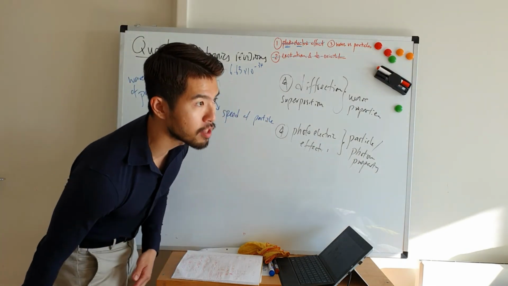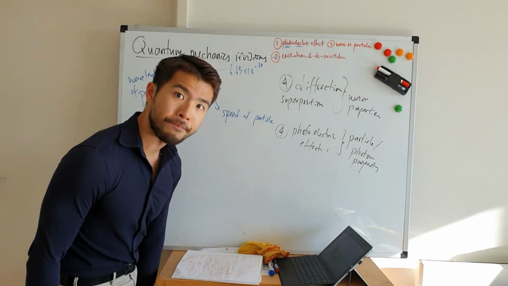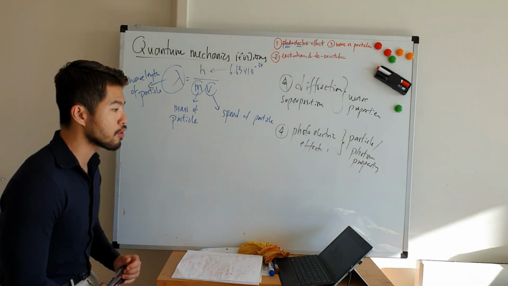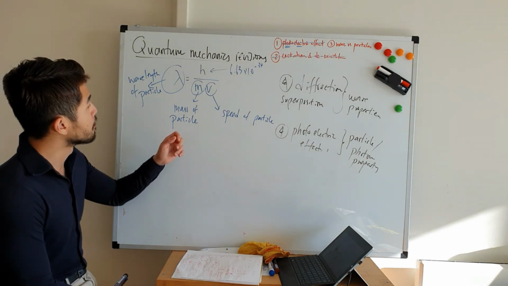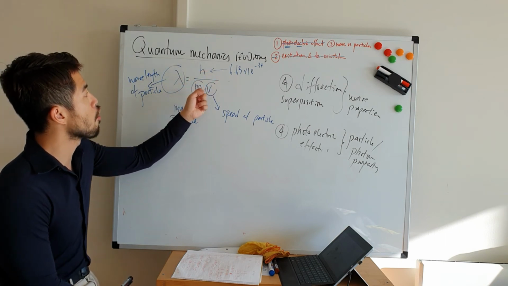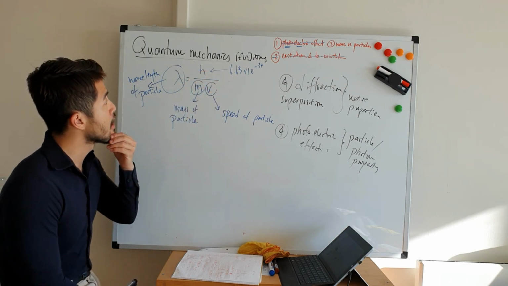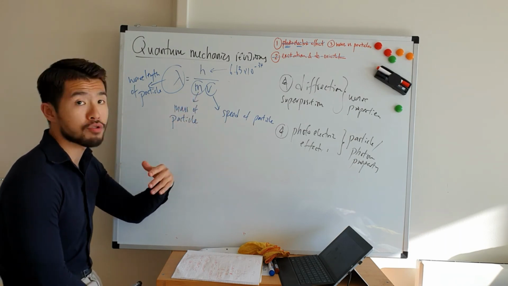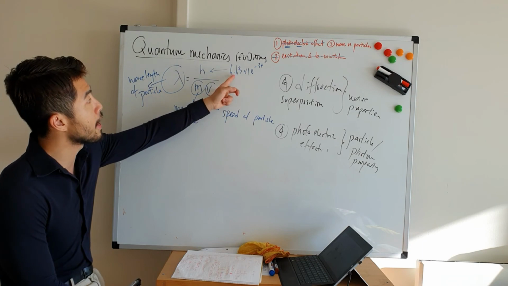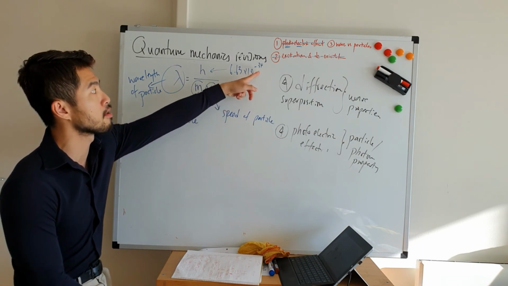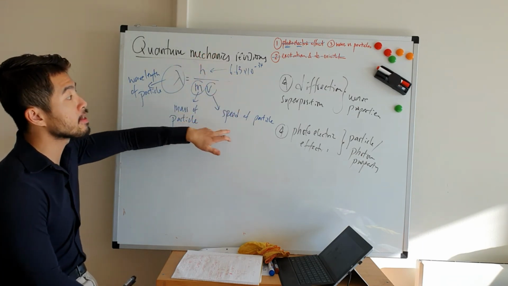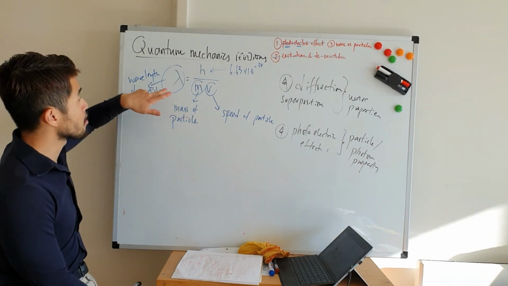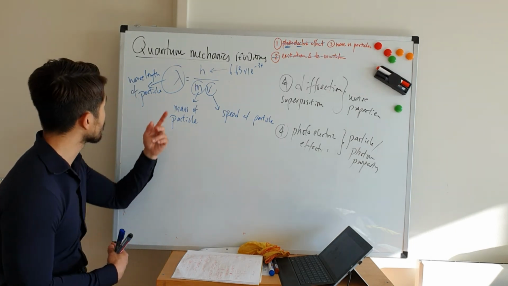So these two are the concepts of wave and particle. How can a particle move at the speed of light and turn into a wave? This is the concept, and this equation comes along: lambda equals h over mv, where v is the speed of the particle, m is the mass of the particle, usually an electron, and h is the Planck constant, 6.63 times 10 to the power minus 34. For anything approaching the speed of light, if the particle is light enough, you can express it in terms of a wavelength.